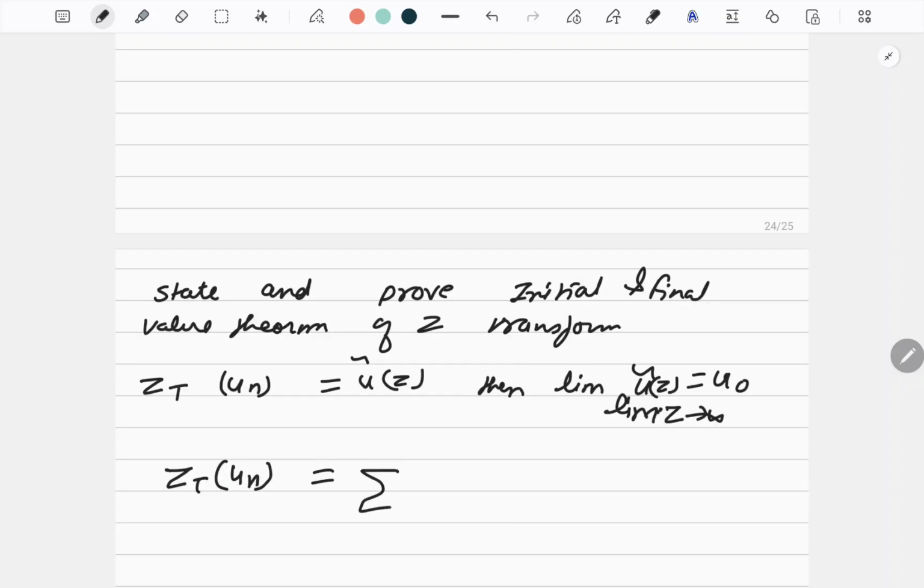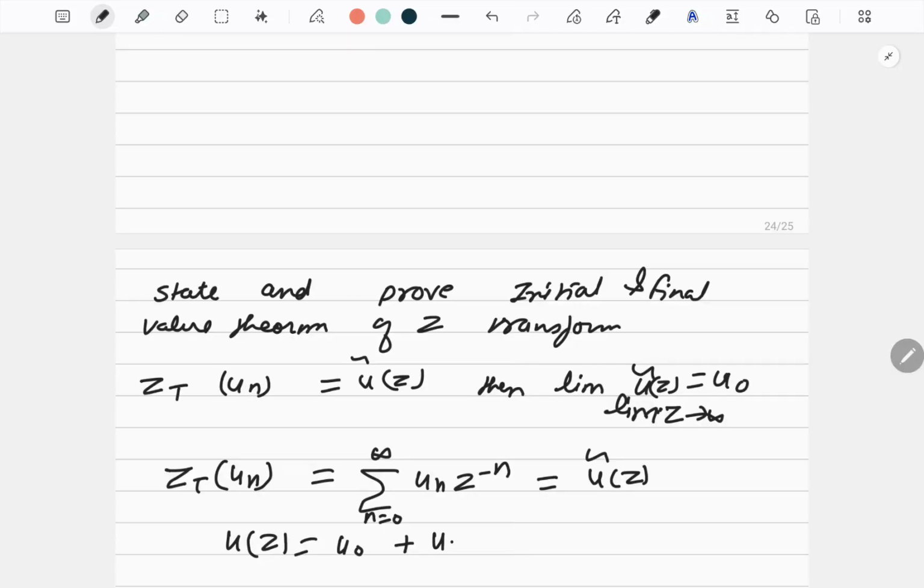And this is summation un z to the power minus n is equal to, now what I will do in the next step, I wrote like this. Now this by definition is equal to uz. Correct? Now open the summation. So uz is equal to, n is equal to 0. So when you put 0, so z to the power 0 is 1, gone.